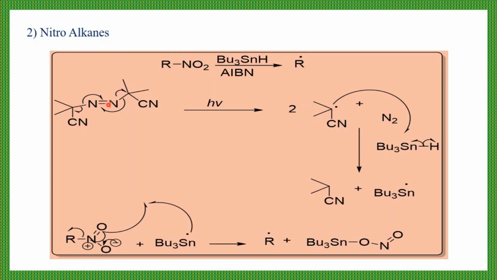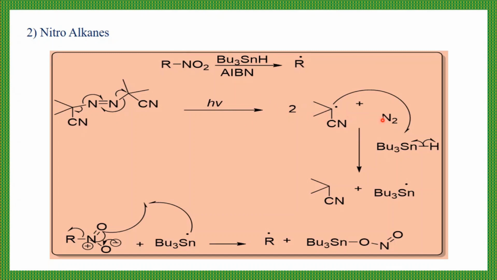In the reaction mechanism, you have azobisisobutyronitrile. It is a symmetrical molecule, so the same bond is on both sides, and it will undergo homolysis. It generates an N2 molecule and a carbon radical in the presence of light.